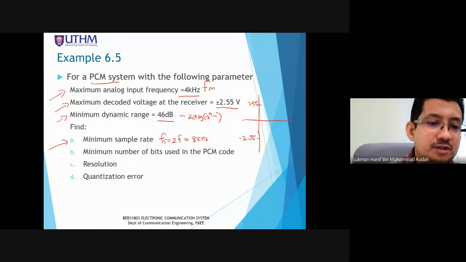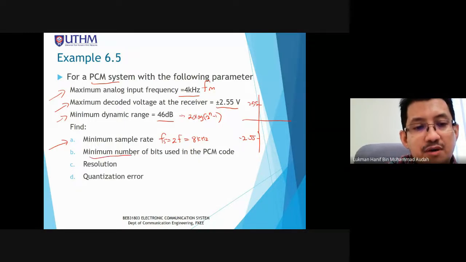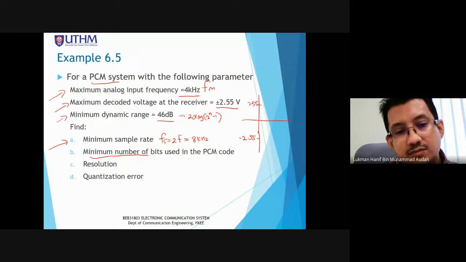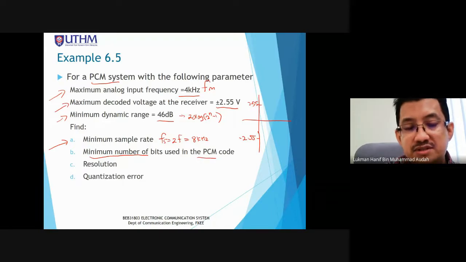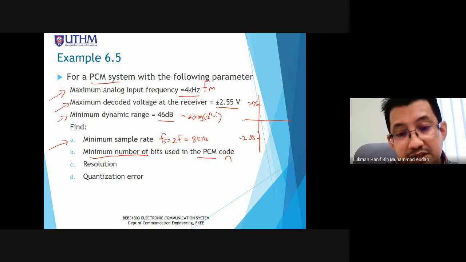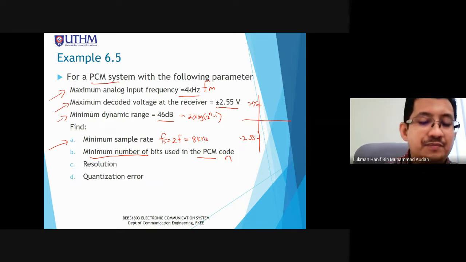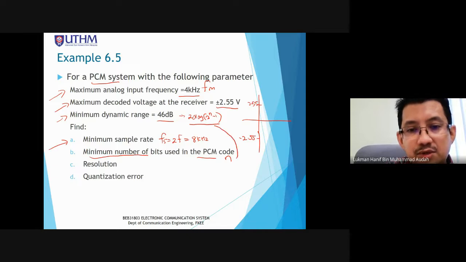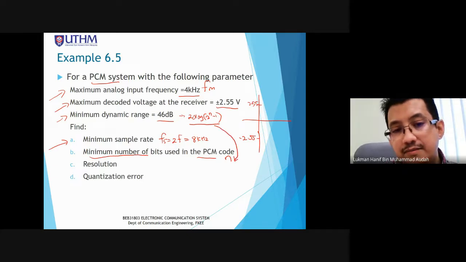Kemudian the question asks, how much is the minimum number of bit used in the PCM system? Maknanya kita nak cari berapakah nilai n, parameter n. Okay, so parameter n we can find from the dynamic range equation.